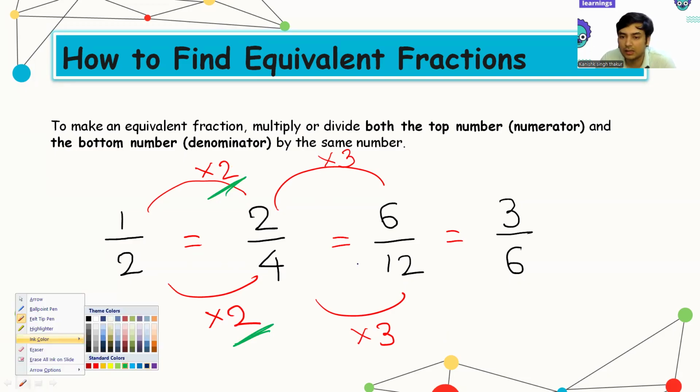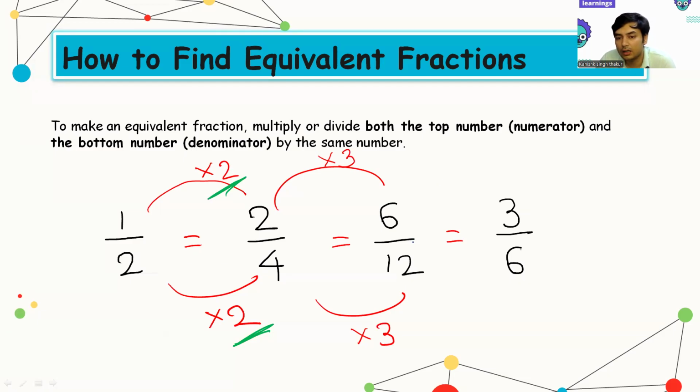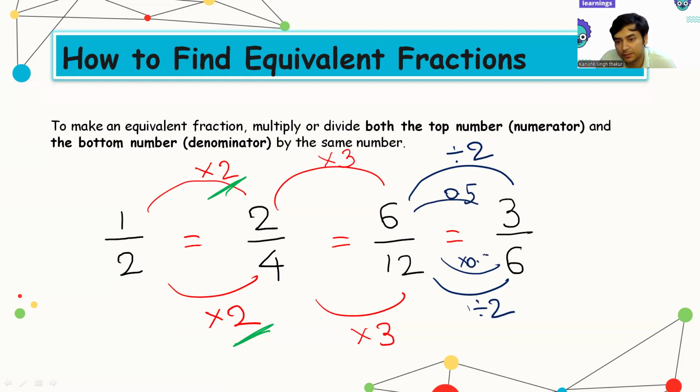So you can change any fraction. Now with 6 over 12, we can divide by 2. You can multiply or divide both. So you get 3 over 6, which is again 1 half. So this is what you can do.